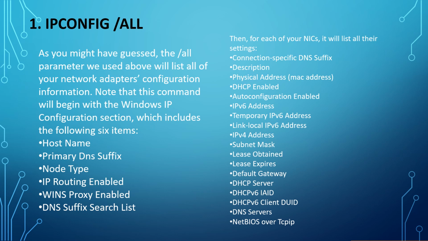or what we call MAC address, DHCP enabled, autoconfiguration enabled, IP version 6 address, temporary IP version 6 address, link local IP version 6 address, the IP version 4 address, subnet mask, lease obtained, lease expires, default gateway, DHCP server, DHCP version 6 IAID, DHCP version 6 client DUID, DNS server, and the NetBIOS over TCP/IP.